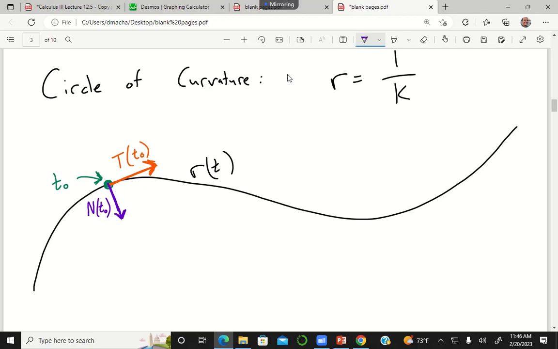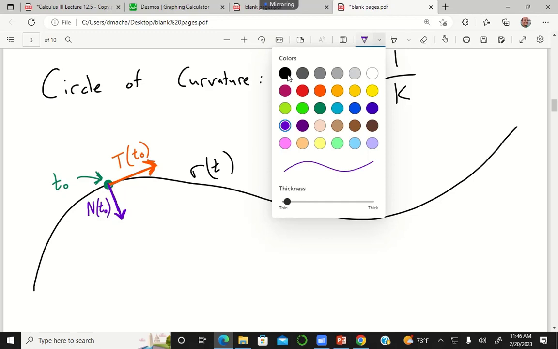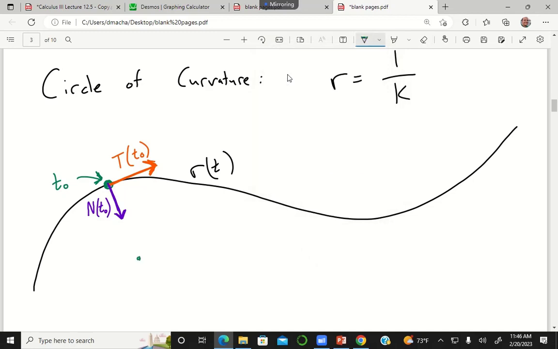Now the center of the circle of curvature is this. If you start at this point on the curve and then you go in the direction of the normal vector, the distance r, that's where the center of your circle should be. So if I were really good at drawing, I could draw a really nice circle here, centered at point C with that radius r.